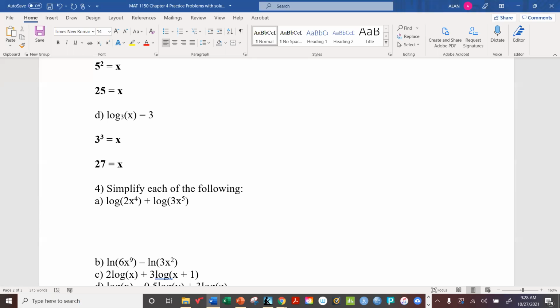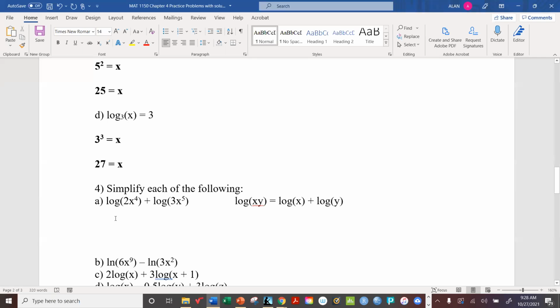But one of the rules we learned is that the log of xy equals the log of x plus the log of y. And that cuts both ways, of course. So we have the sum.